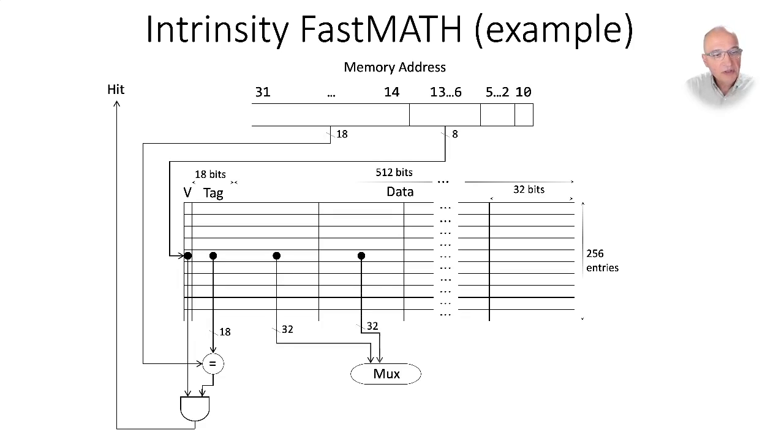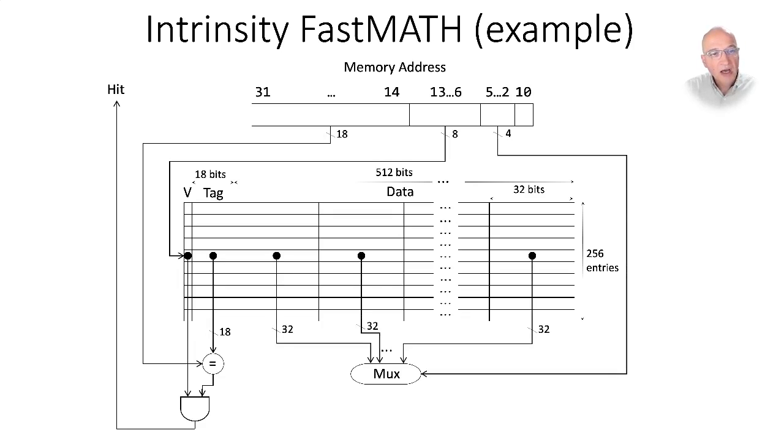Now I have a MUX that will select one of the blocks according to the bits that I call the word offset. I have divided the offset into word offset and byte offset. Bits 0 and 1 are the byte offset that tells me which byte inside the word. This way I select the word and provide it as data to the processor.